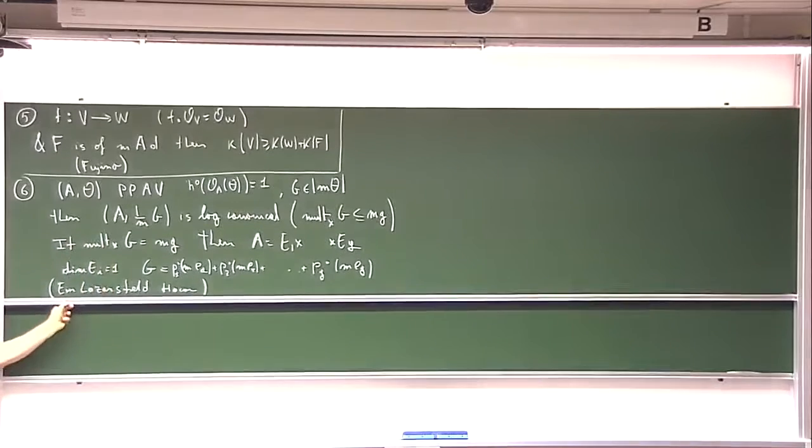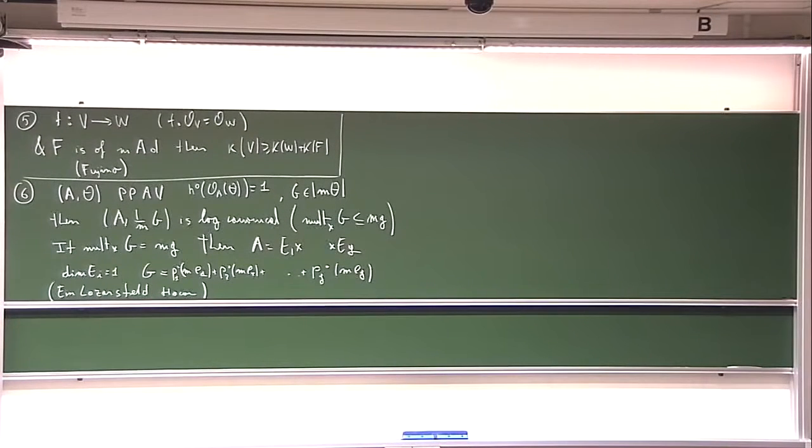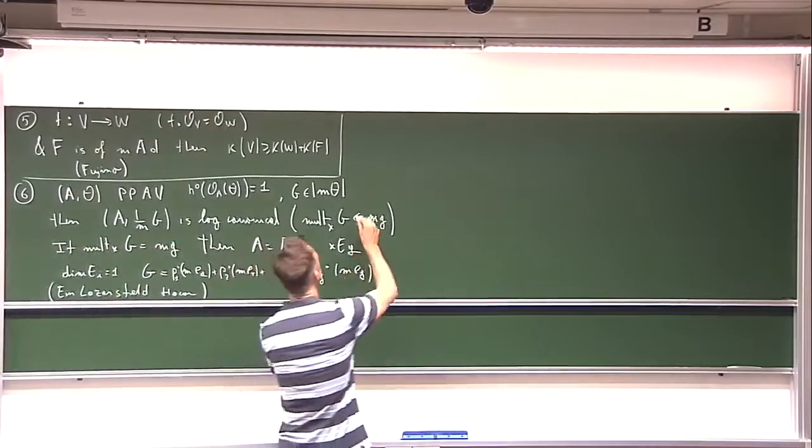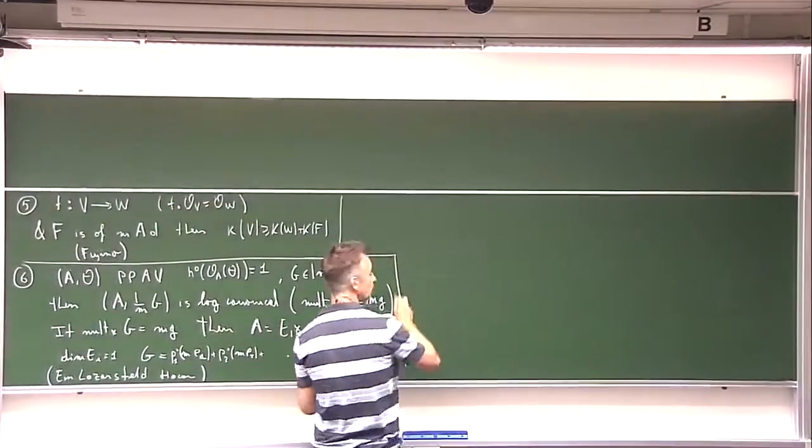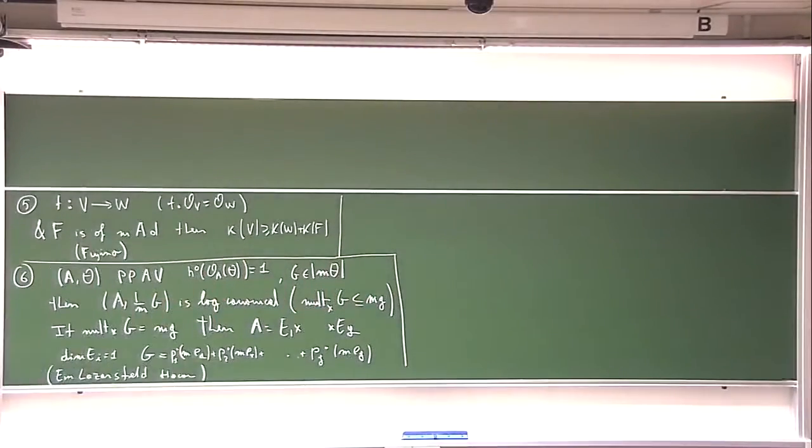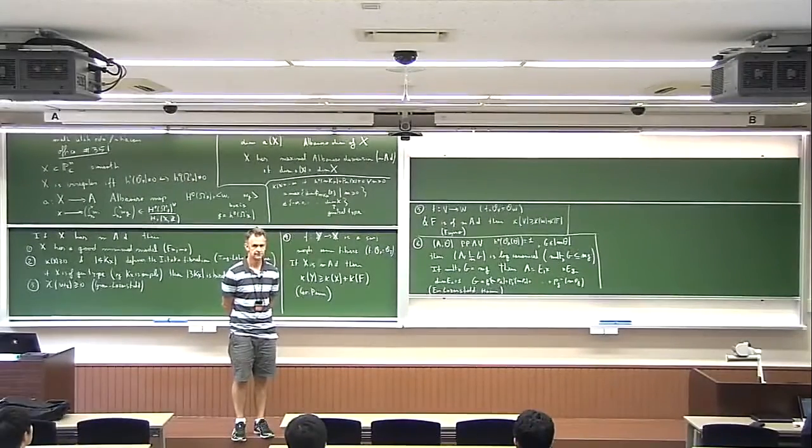Okay, so we can have very precise results on the birational geometry of abelian varieties. Another nice result is the following, that we'll see the proof of. So H0 of O_A(theta) is equal to 1. That's my assumption.